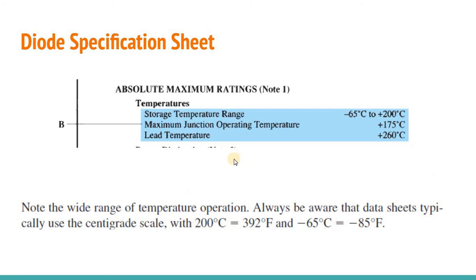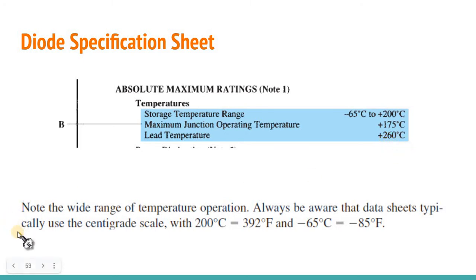Second, absolute maximum ratings, una temperatures. Okay, so this diode can be stored within negative 65 degrees Celsius to positive 200 degrees Celsius. And then, ang maximum junction operating temperature is 175 degrees Celsius. And then ang lead temperature is 260 degrees Celsius.